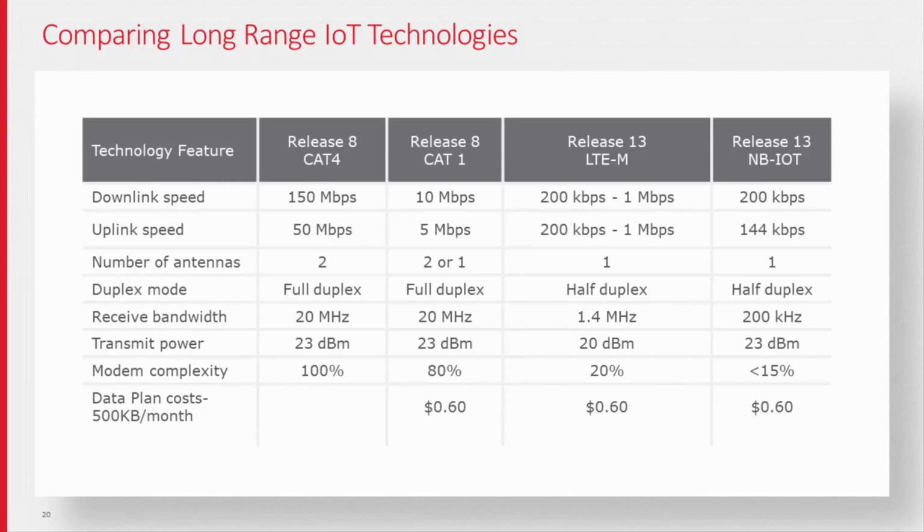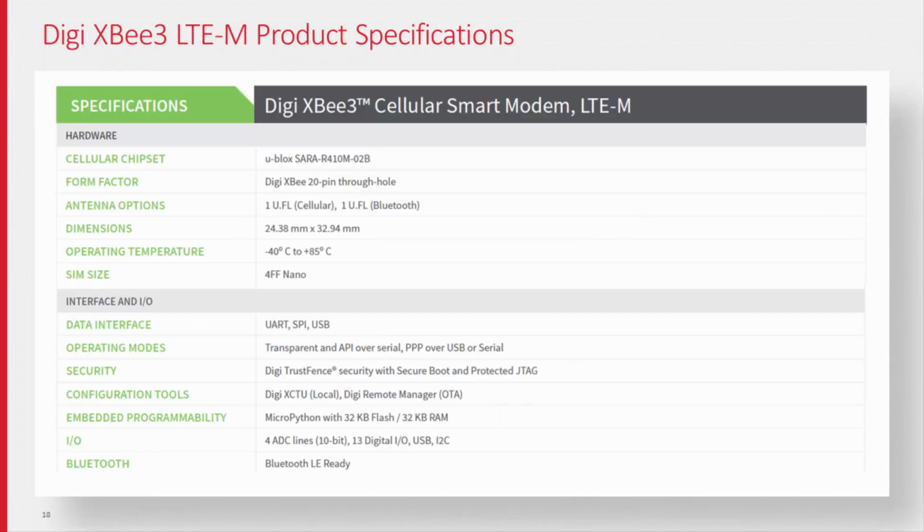Looking at the solution, I noticed that there's, on the XP module, the modem. Can you talk a little bit about the chipsets used on the XP? Sure. So the XP cellular modem actually uses a module from a company called u-blox. The specific module that we use is the SARA-R410, and this is a global, multi-regional module that supports operation on leading carriers in North America, Europe, and even parts of Asia.